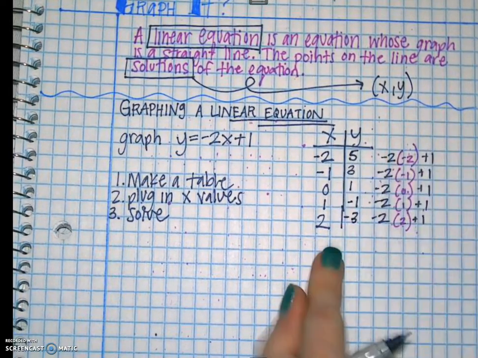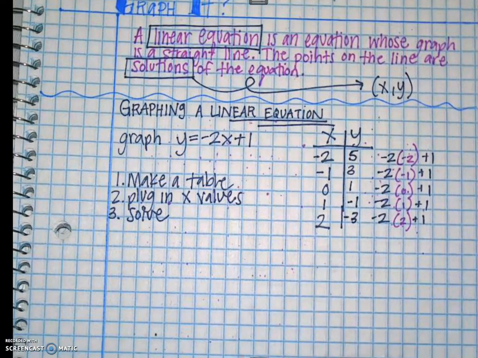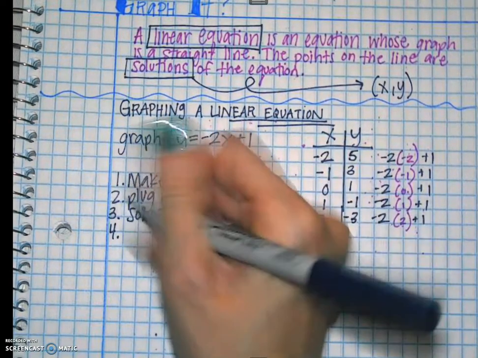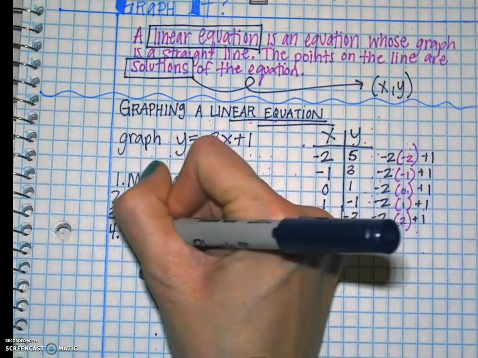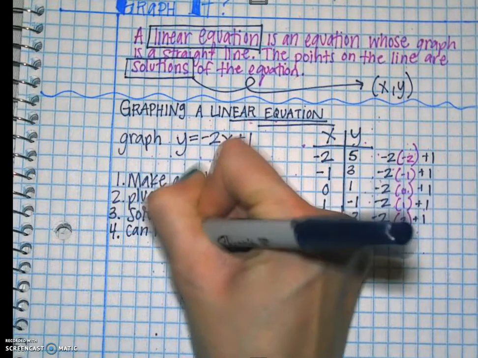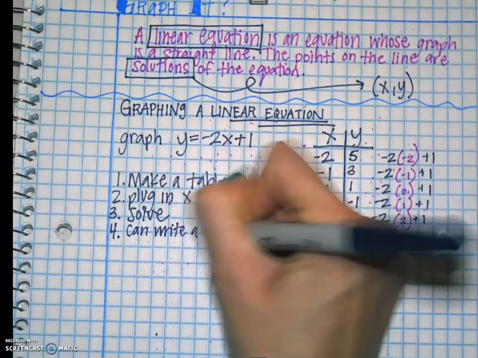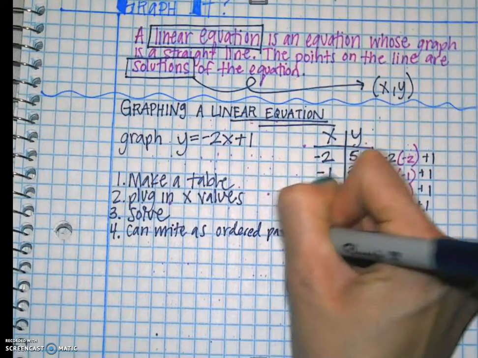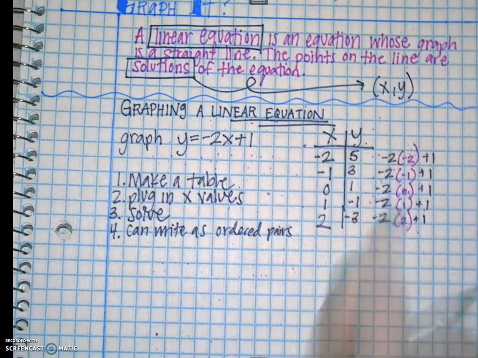Okay? So once you get that table, now you're going to need to draw a graph. Okay? So while you guys are doing that, I'm going to update down here. So what we did was we wrote them as ordered pairs. Or you can write them as ordered pairs, because that might be easier for you to graph.